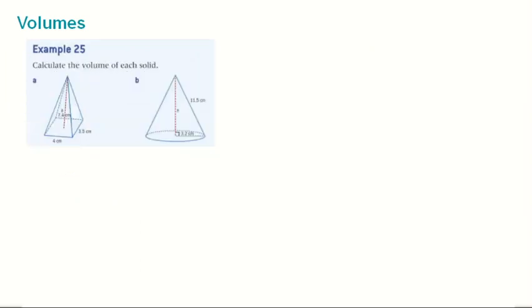Now a couple more examples, and those are actually fairly simple. It's just application of formulas, right? So calculate the volume of each solid. For the first one, this is a triangular pyramid, so it's a third, and the same thing if it was a square based pyramid. So it's 1/3 of the area of its analog as a prism.